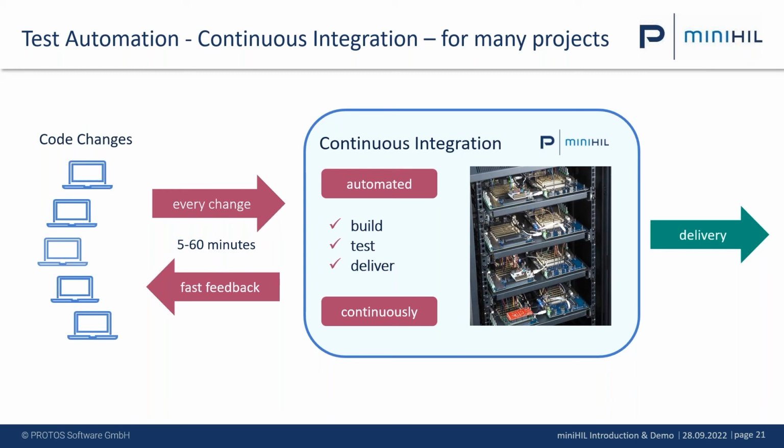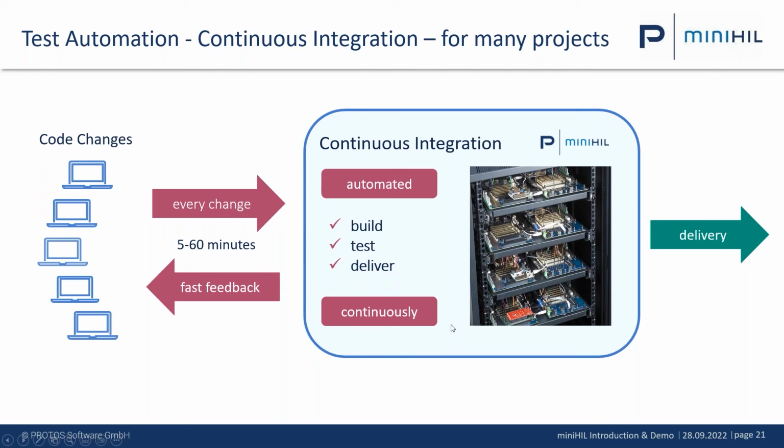And here you see a typical test setup for 8 projects. Actually, that's our test setup in the 19-inch rack with 8 projects. That's a setup where we test our own miniHIL, so hardware and software.